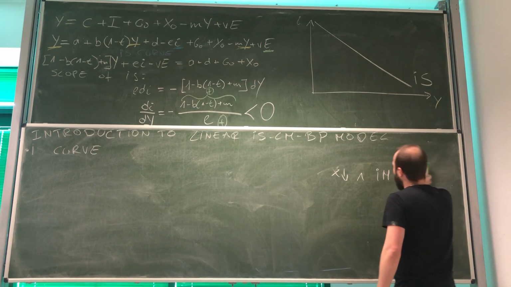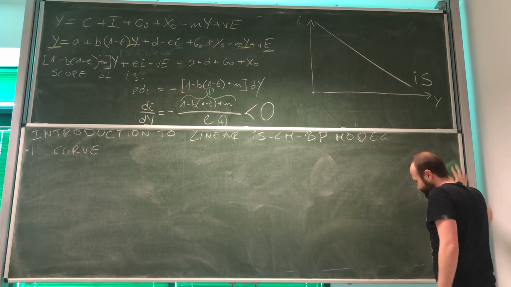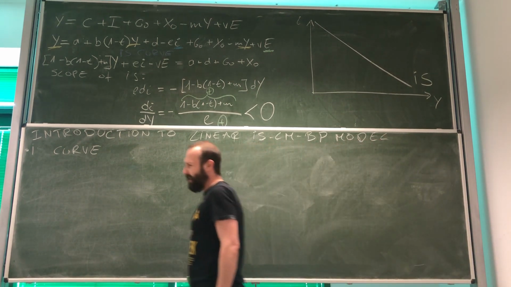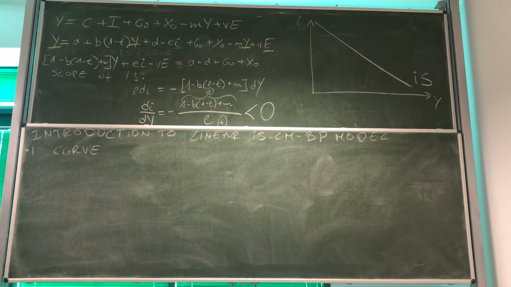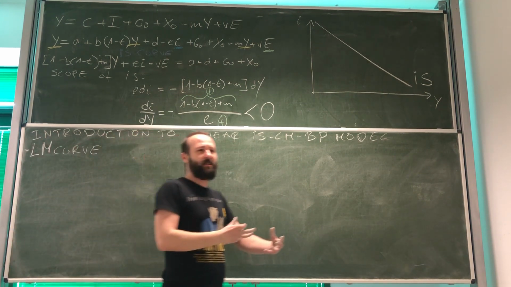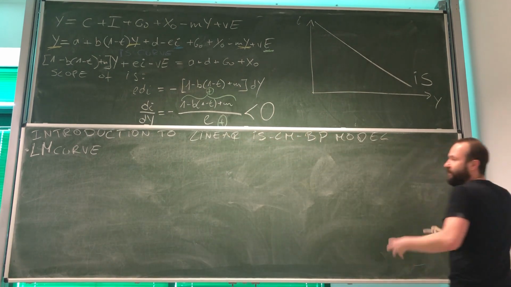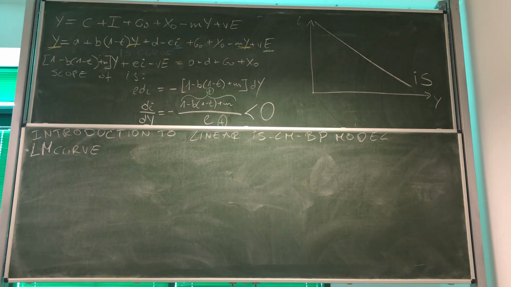What do I mean by nothing changes? Well, look, money market is a domestic money market. So in this case, exchange rate and generally other considerations will affect it indirectly, but not directly.